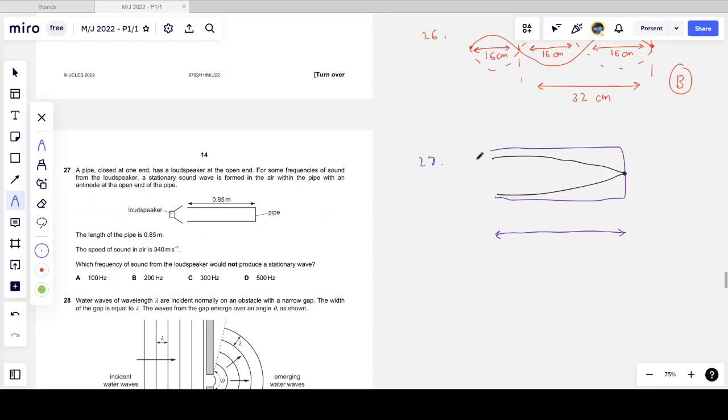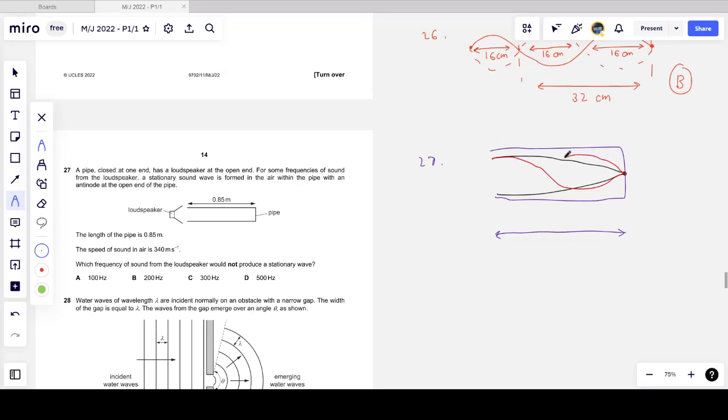So I can also draw a different one that has an antinode and then a node and then another antinode and then a node at the closed end. And just like before, a sound wave or a standing wave is one that's reflected.